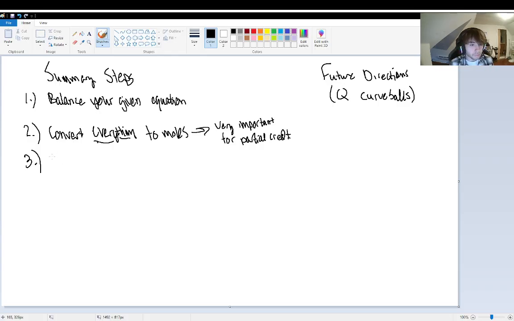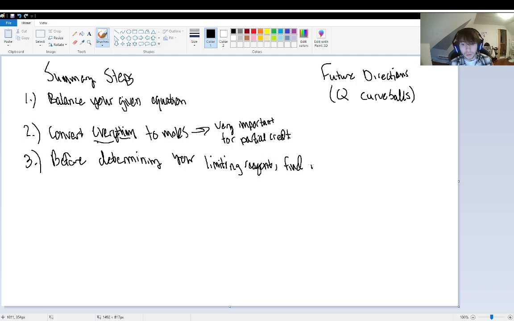Then before determining your limiting reagent, find the mole ratio of your reactants.